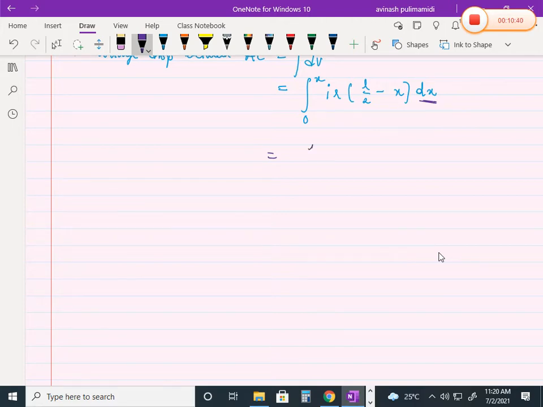So I into r by 2, sorry, let me write here clearly, I into r divided by 2 into (l x minus x square by 2). Is that clear for everyone?